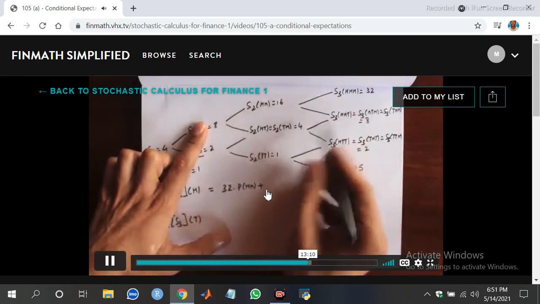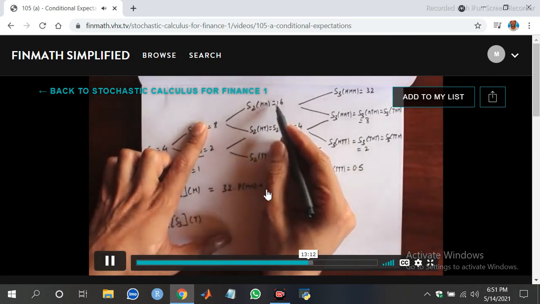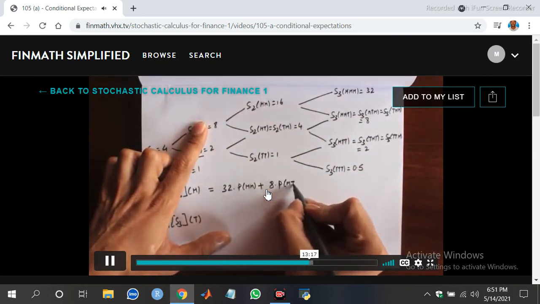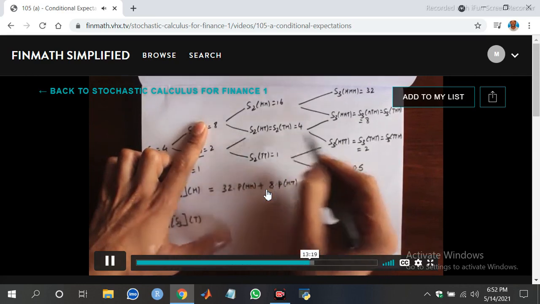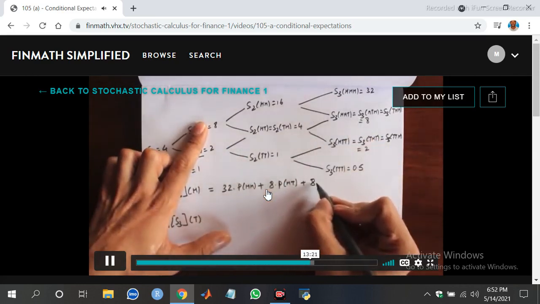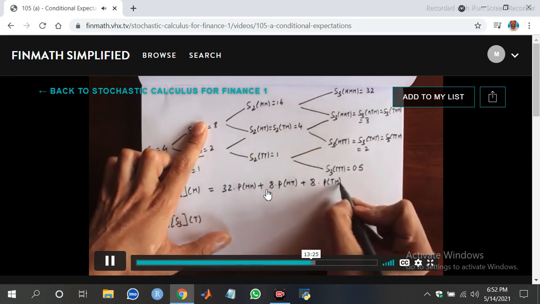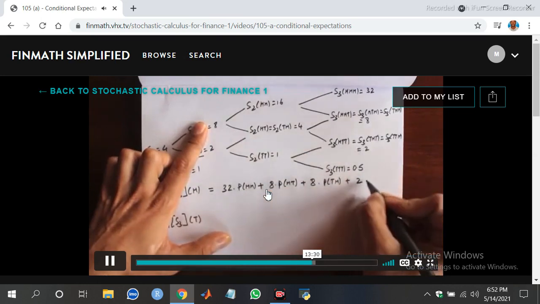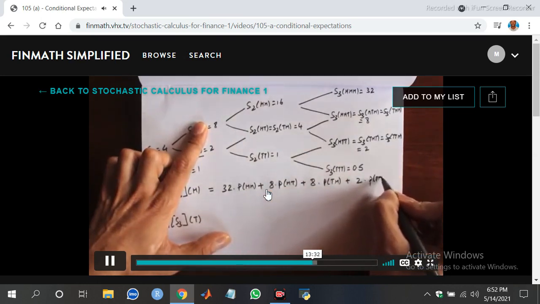plus, in the next 2 coin tosses, we can get a head-tail also. If we get a head-tail, the stock would go to 16, then come down to 8. Probability of getting a head-tail, or we could get a tail-head that would result in a stock price of 8. Probability of a tail-head, plus we could get from here 2 tails, and we would be down to 2, and the probability of getting a tail-tail.